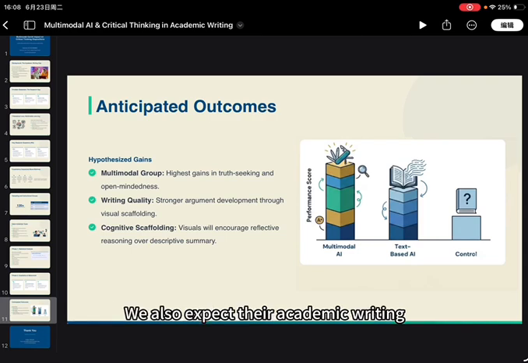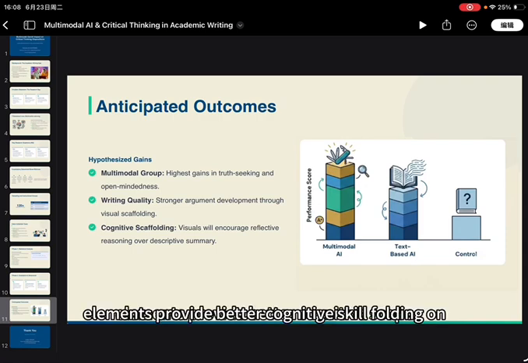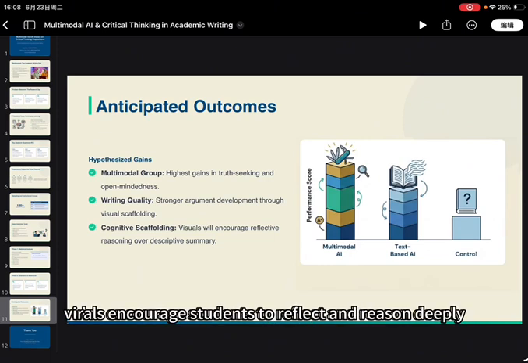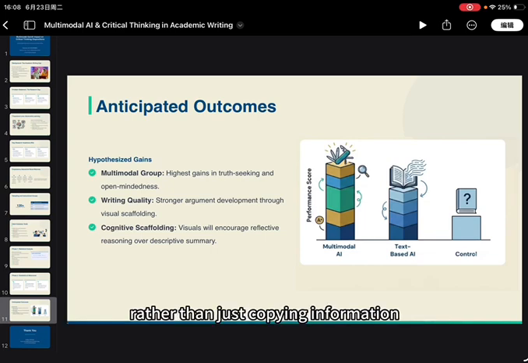We also expect their academic writing quality to be stronger because the visual elements provide better cognitive scaffolding. Ultimately, we hope to prove that visuals encourage students to reflect and reason deeply, rather than just copying information.